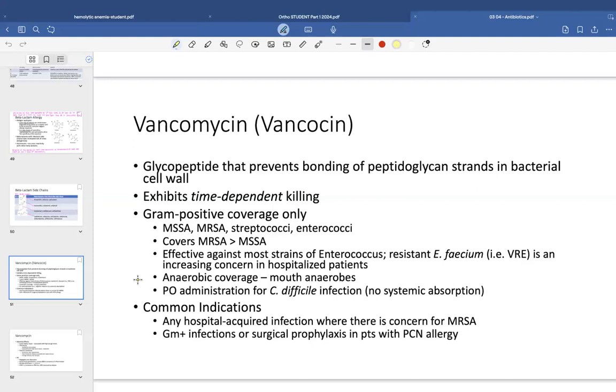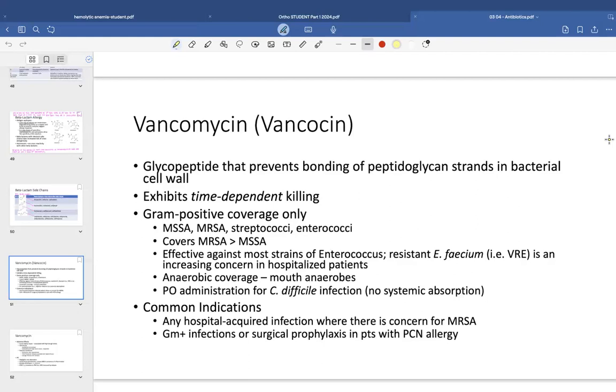The faecium species is typically more likely to have resistance to vancomycin, but we're also seeing increasing resistant strains in certain centers around the faecalis species. It's helpful for mouth anaerobes, but we typically don't go to a big one like vancomycin for those infections.